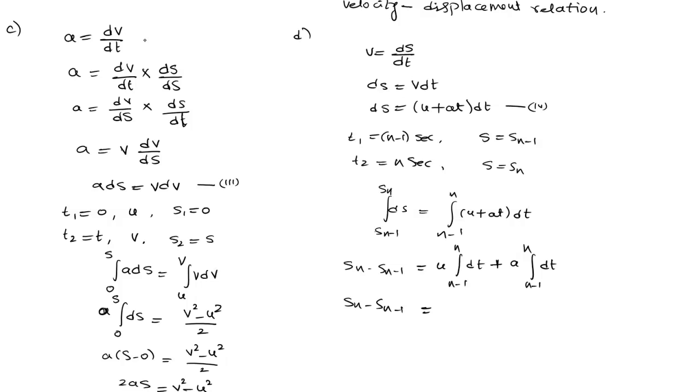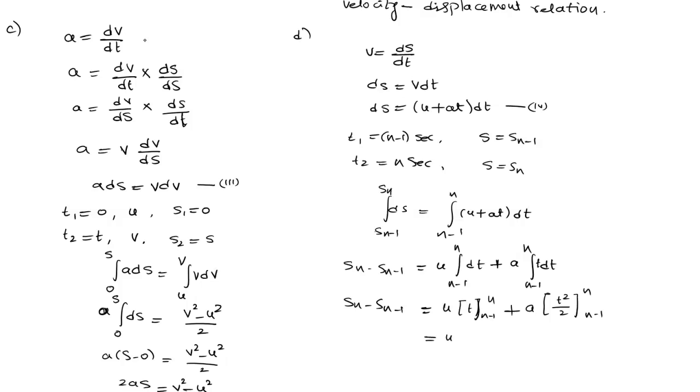Here 1 into dt means t only. Therefore, u into t from n minus 1 to n plus a into t square by 2, from n minus 1 to n.